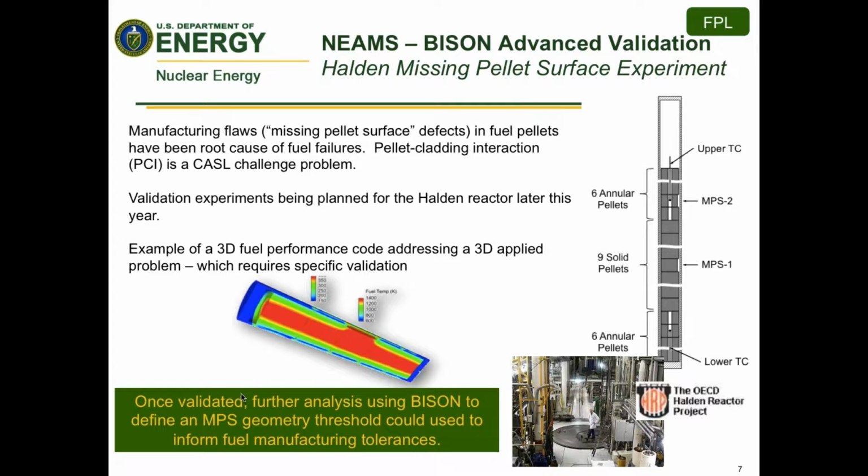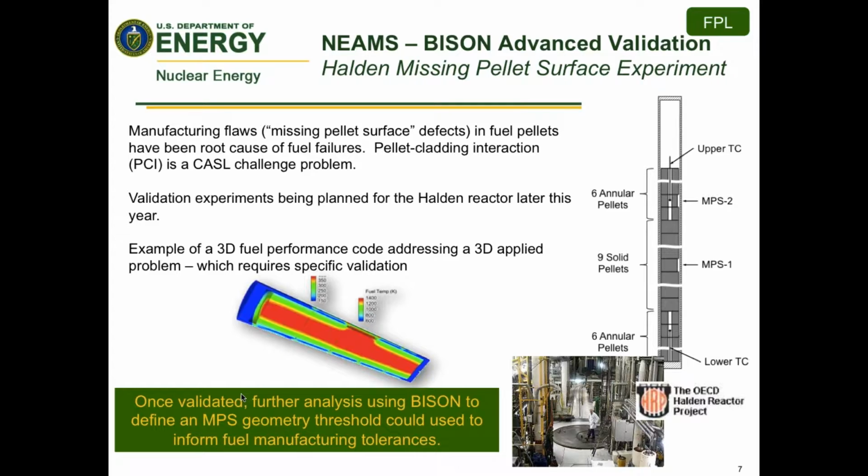And historically, the experimental data has been derived using methods where we have uniformity axially or radially, such that you end up with data that really addresses either point or 1D or at most 2D application. So the idea of this experiment is to use Bison to help design an experiment that produces three-dimensional data that is then also useful for validating the three-dimensional aspects of Bison.